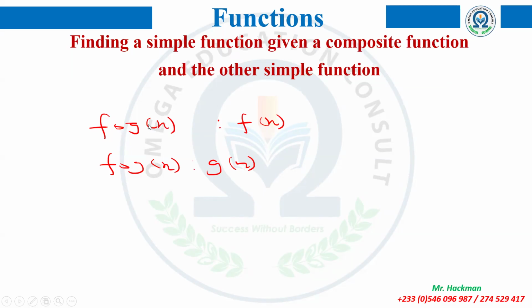You are asked to find the inner function. When you have this situation, there is a particular way of dealing with it that you are supposed to adhere to. Then in this situation, if I have f of g of x and you are given g of x, it means the composite function, which one are you given? Is it the outer or the inner?